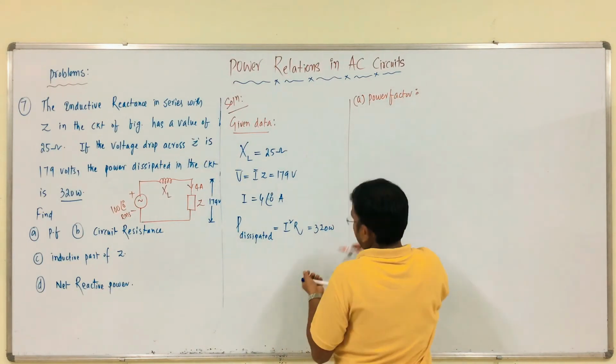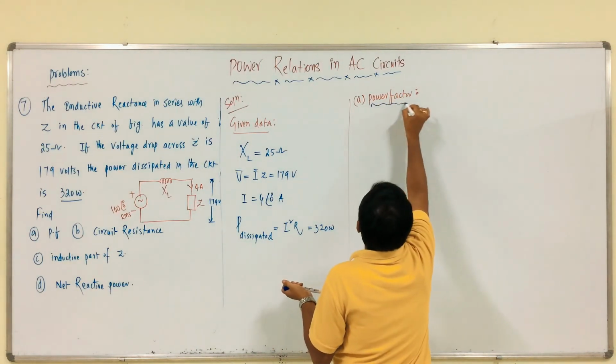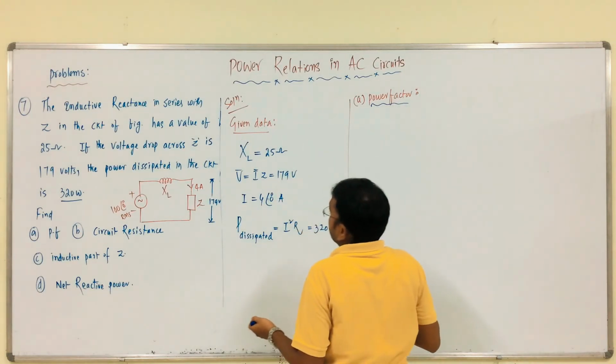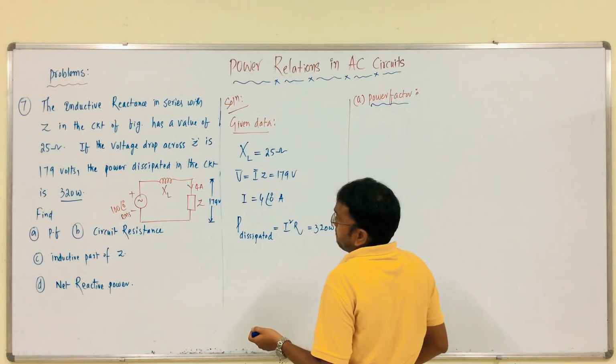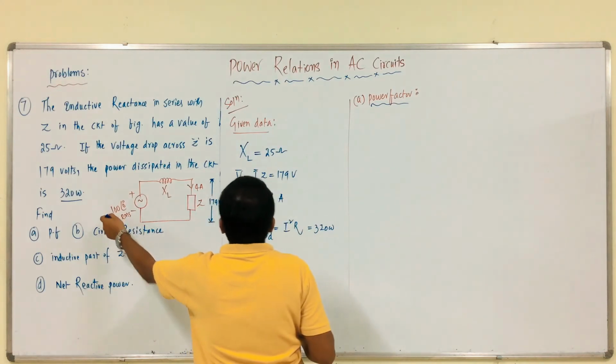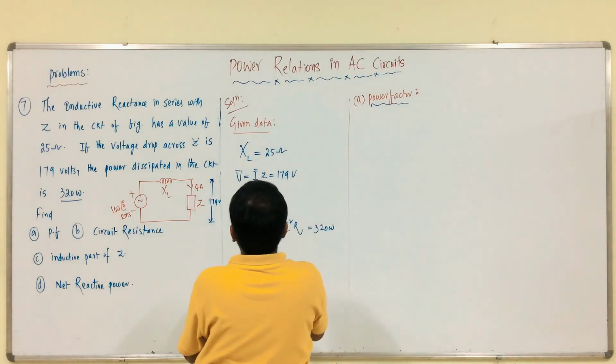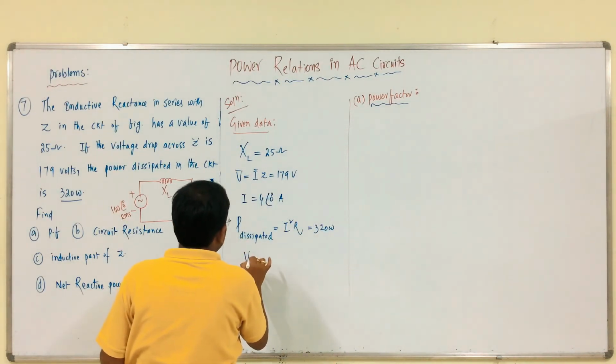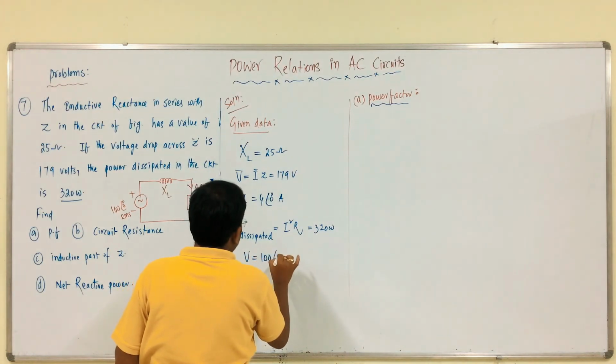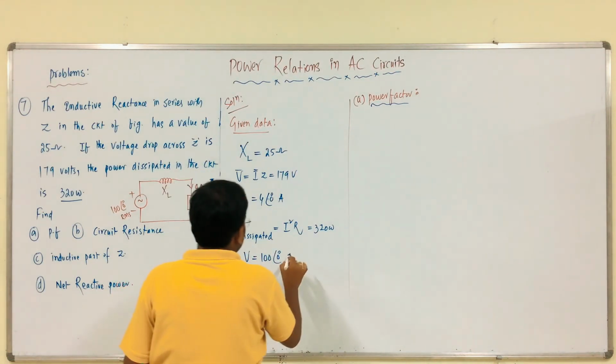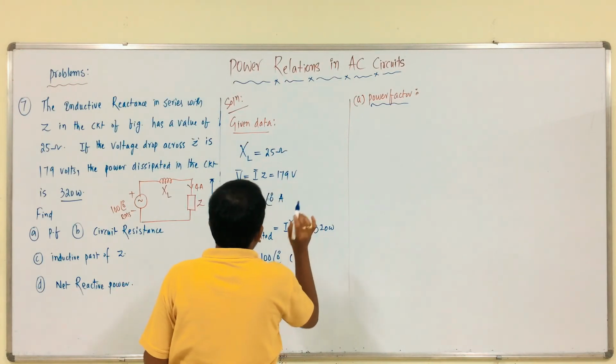Given voltage is 100 at an angle 0, that is RMS, all are RMS only.